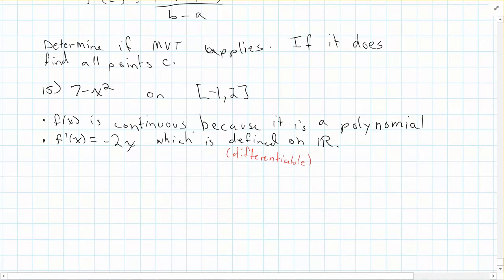And it's continuous. I should maybe put here on all real numbers. You really need to specify where it's continuous in order for us to know that it's continuous on that interval. But we know it's continuous on all real numbers because it's a polynomial. All right, so mean value theorem applies.